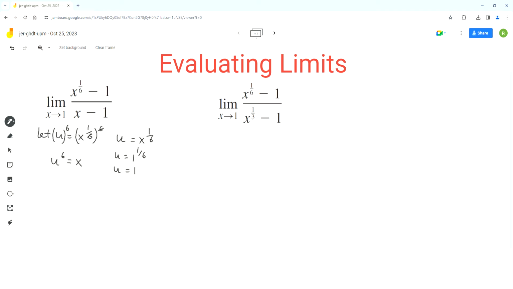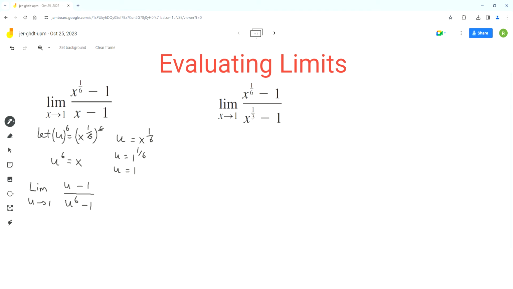So that means our limit will be u approaches 1. So our expression will be limit, u minus 1 over u to the power 6 minus 1. So this is the new limit we have to evaluate.